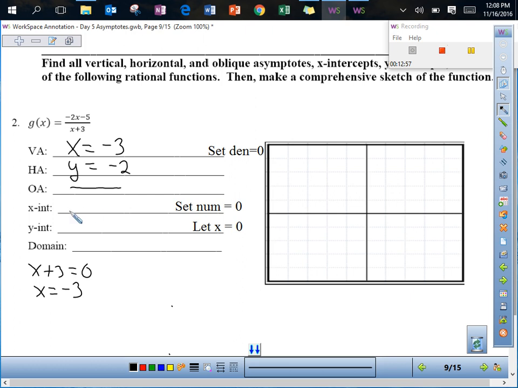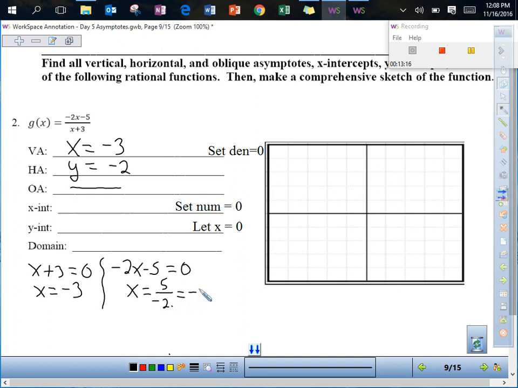To get your x-intercept, set your numerator equal to 0. So I'm going to take -2x minus 5 and set that equal to 0. I'm going to add 5 and divide by -2 and get -2.5. So I have an x-intercept at -2.5, 0.